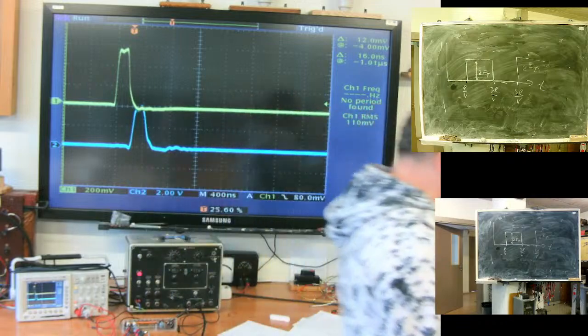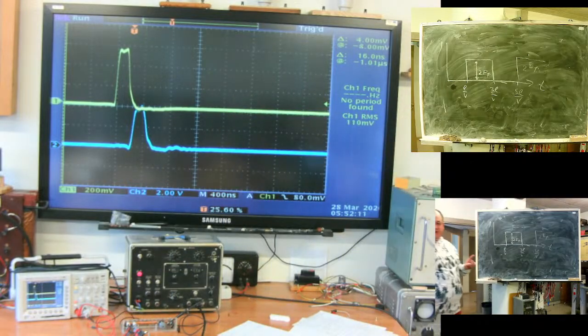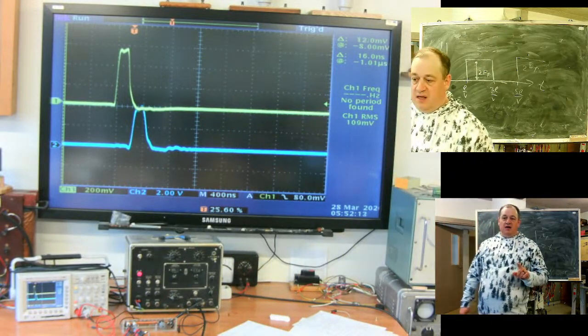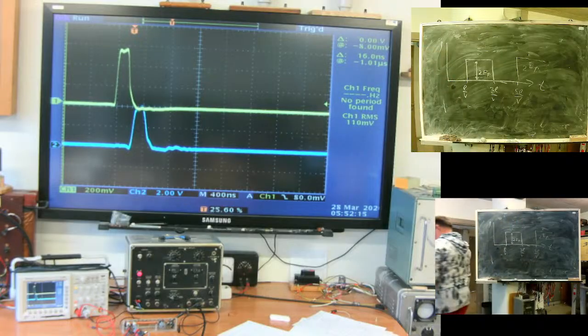At this moment, the line is loaded with its wave resistance. At this moment, it's a matched line.